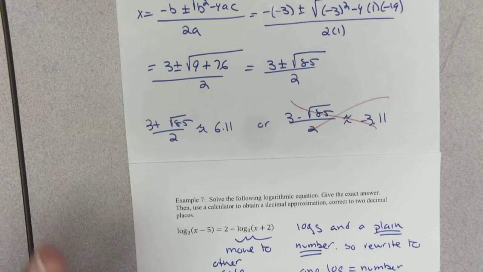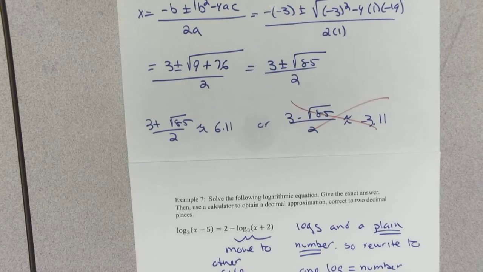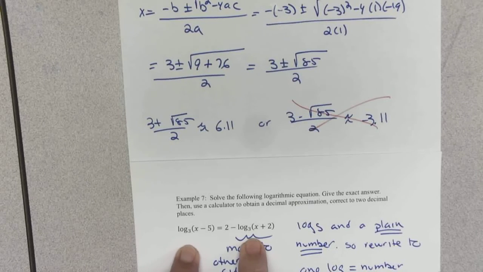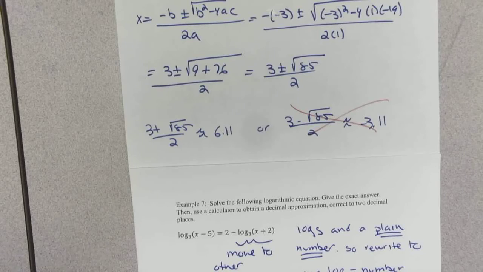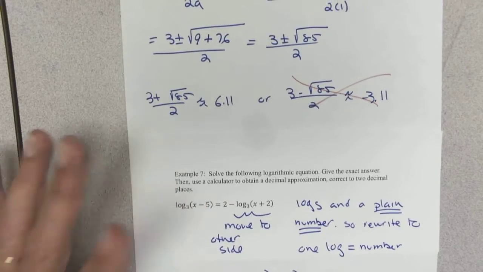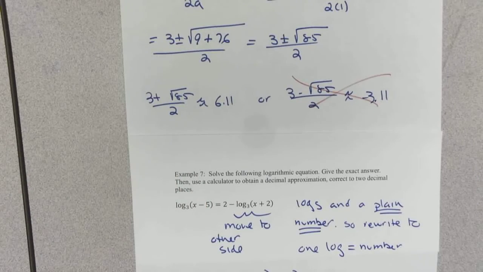Now there's not a good way to check this one easily, to make it perfectly check, because of log base 3. If this was log base 10 or a natural log, then I could just type it in my calculator, but there's not a great way to check this perfectly and easily. And so we're just going to hope that I did do it right.